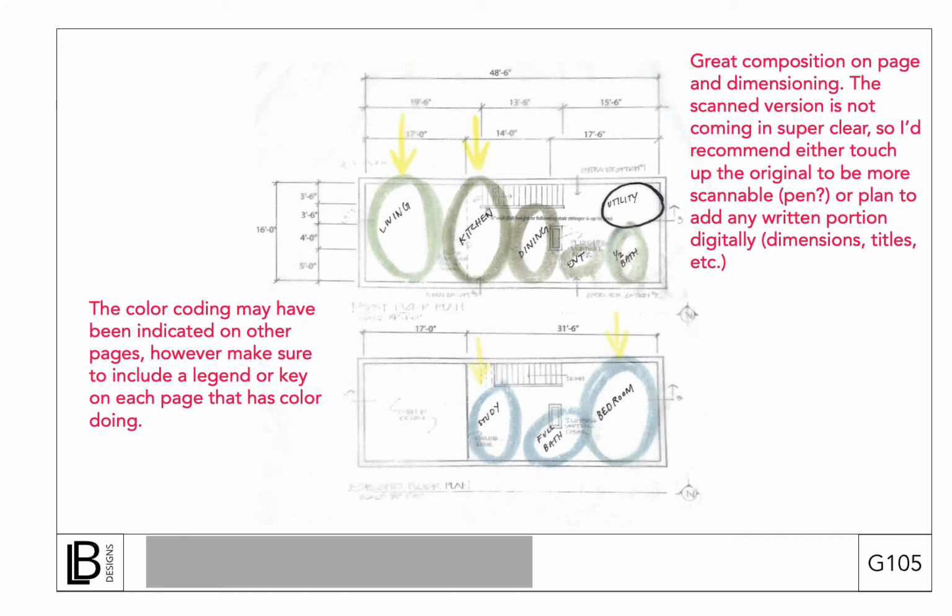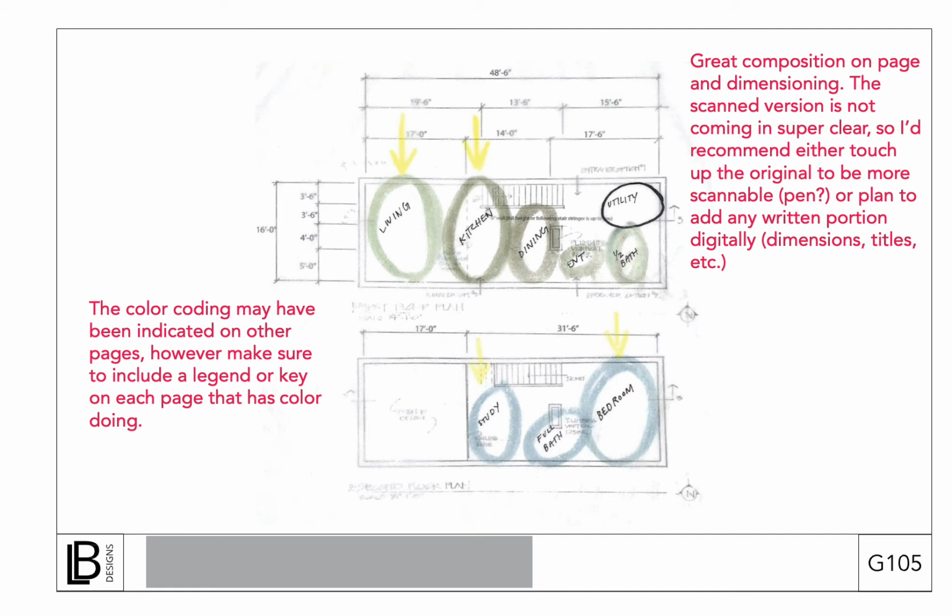The scan version is coming in, okay, it's not super clear. So I'd recommend to either touch up the original to make it more scannable, so perhaps pen, or plan any written portions such as dimensions or titles digitally.